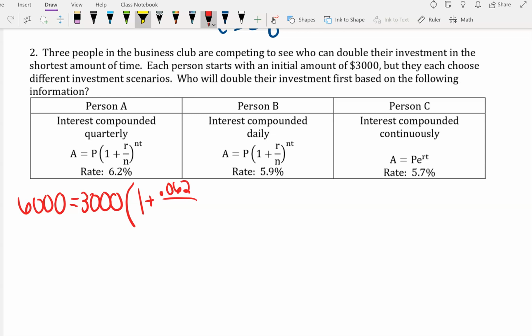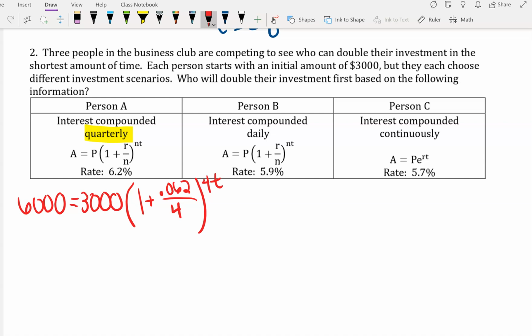So if it's compounded quarterly, n is going to be 4 times per year. And then to the power of 4t. And we need to solve for t.